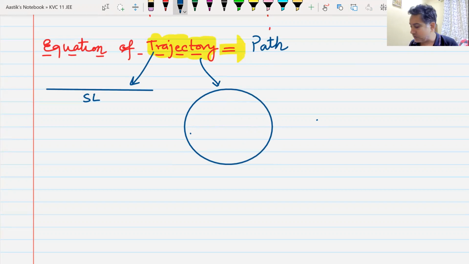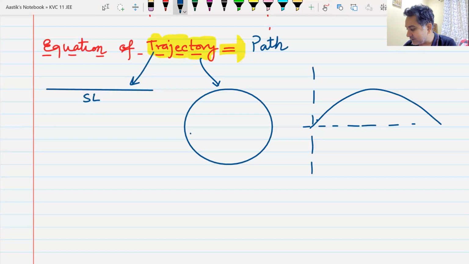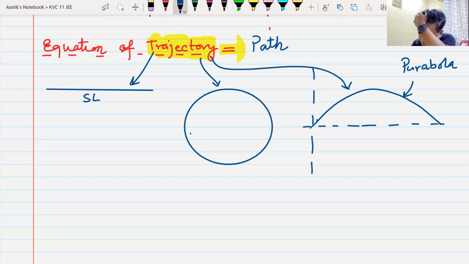That is the path that it follows. We are going to see one more type of path in this chapter, which will be like this. This would be a parabola. This parabola is nothing but, again, a path which is followed by the body.